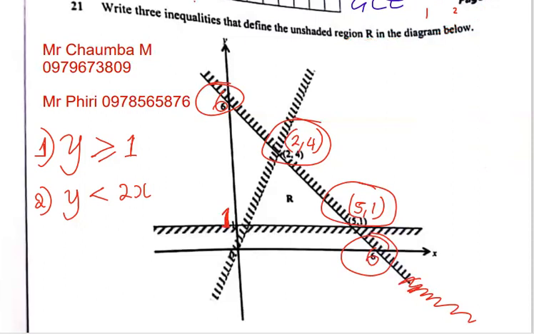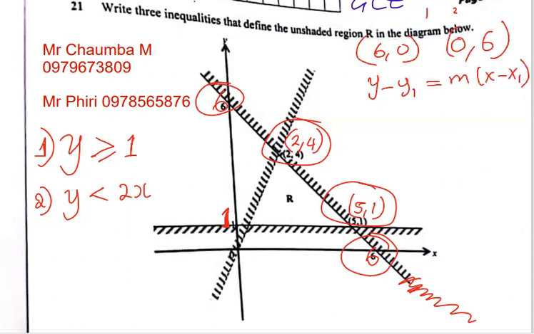Now let's do the actual equation. We have (6, 0) and (0, 6). The equation, I told you, is y minus y1 equals m, which is our gradient, times x minus x1. So what we want is y minus y1, and y1 is equal to 0 here.